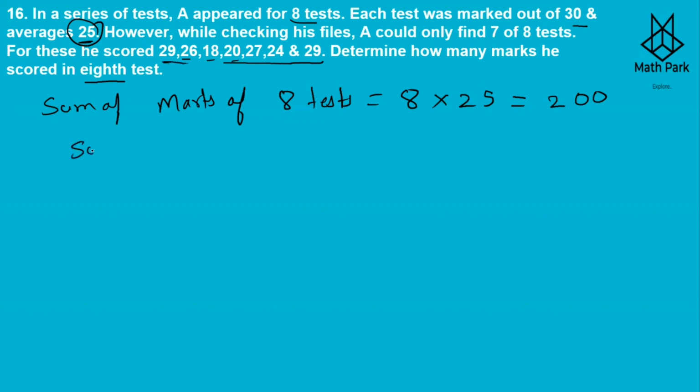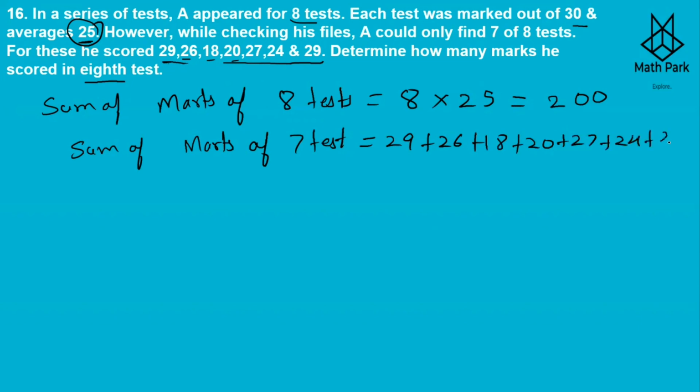So the sum of marks of the 7 tests which he could find was, we add 29 plus 26 plus 18 plus 20 plus 27 plus 24 plus 29. Adding these marks, we get 173.